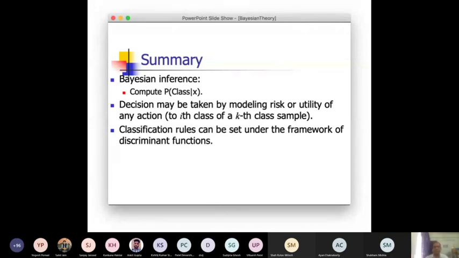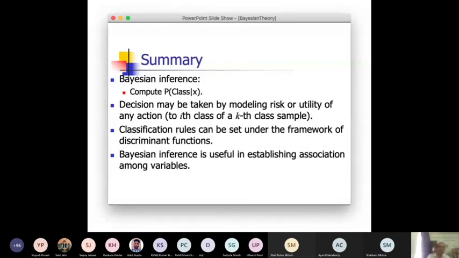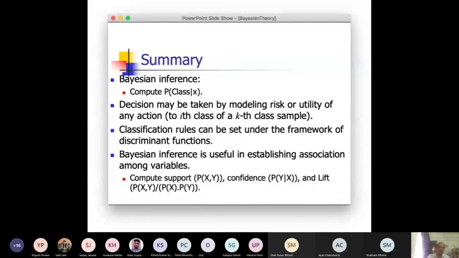We will explain this further later on: Bayesian inference can also be brought under the framework of discriminant functions, in a general mathematical model where classifiers are also specified, and it is useful in establishing association among variables. We have seen in what way. It is not directly computing posteriors, but it has implications for that, where you are computing several probabilities, I should say.